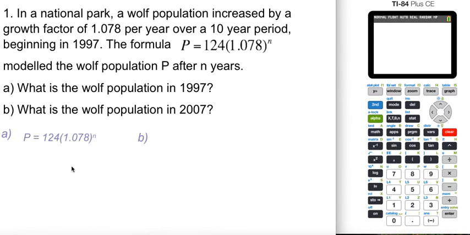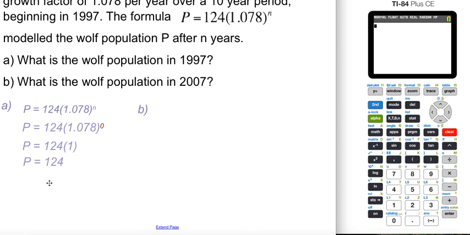We have our formula, 124 times 1.078 to the power of n. I sub 0 in for n since it is 1997, which is 0 years since 97. I know any base to the exponent 0 is going to be 1, so I just get 124 times 1, which equals 124. So we write our therefore statement: therefore, the initial population is 124.